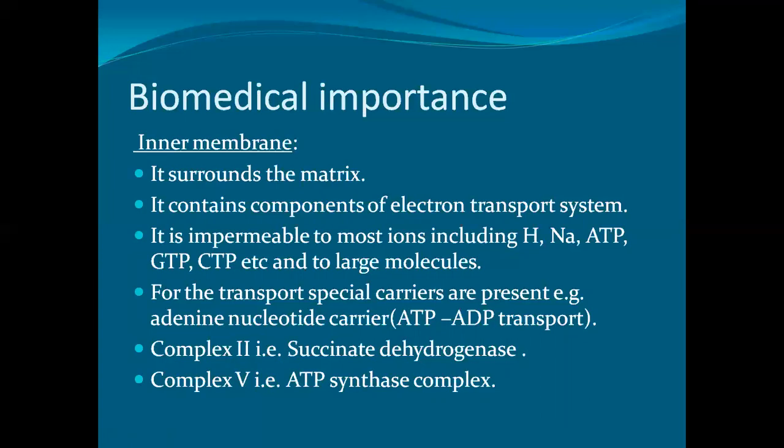This membrane is also for the transport of special carriers, like the adenine nucleotide carrier and the ADP transport carrier. Then there is complex II, that is succinate dehydrogenase, and complex V, that is ATP synthase.